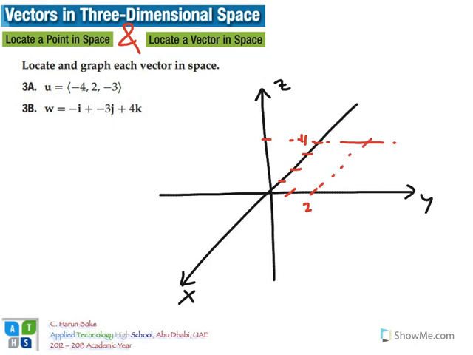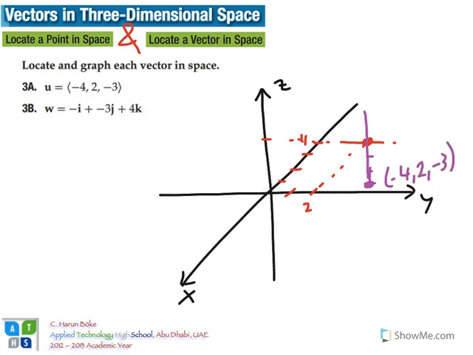So I have my point in the coordinate plane. Now I have to go 3 units down, so thinking that my z-axis is here, I will go minus 1, minus 2, and minus 3. So my point will be here. It is minus 4, 2, minus 3.